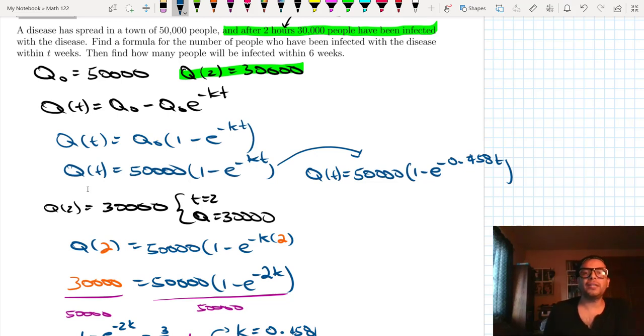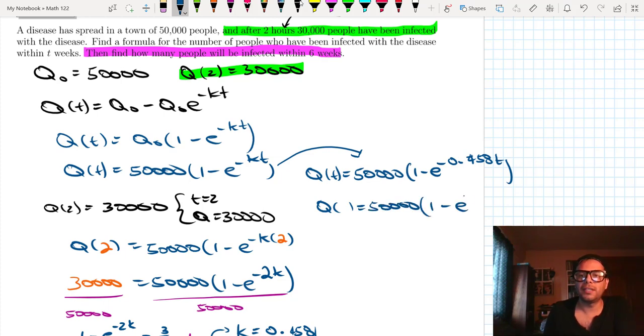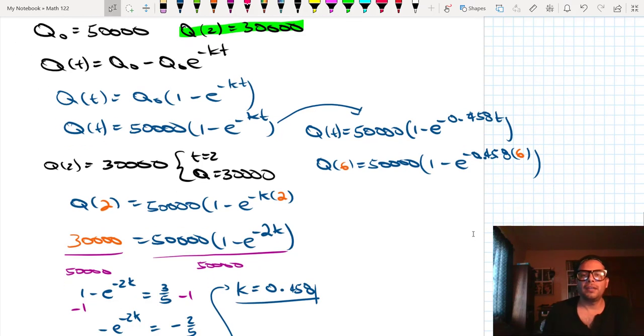Now we're going to use this formula to find how many people will be infected within 6 weeks. Let's evaluate Q of 6: 50,000 times 1 minus e to the negative 0.458, and plug in 6. Let's plug all this into the graphing calculator.